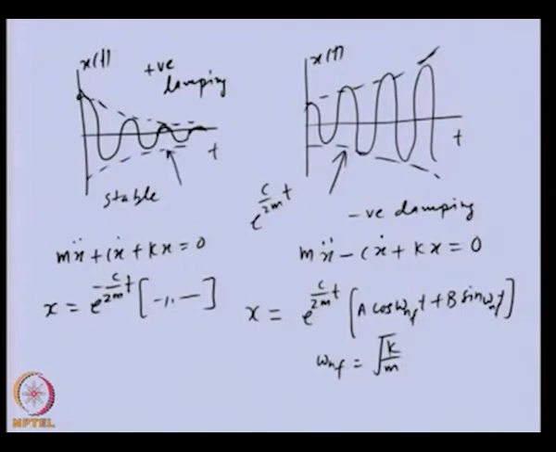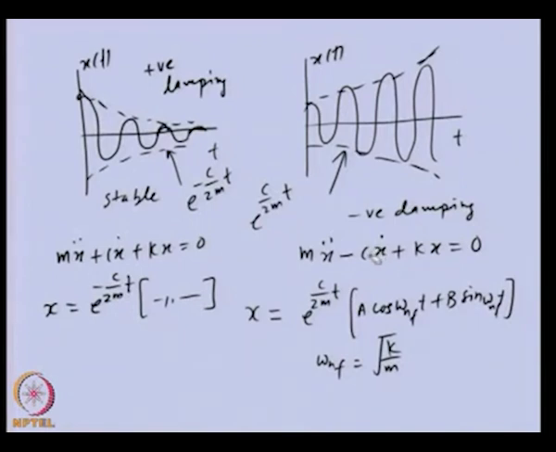This is the exponential, but decaying because of the negative term here. So we can see how the negative damping gives instability into the system. We know that if motion stops, there is no damping force. When there is no motion, obviously the damping force will not be present because velocity will be 0.